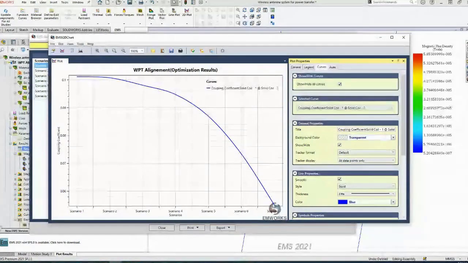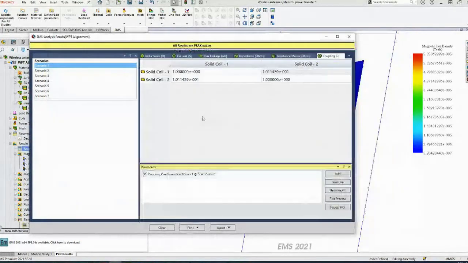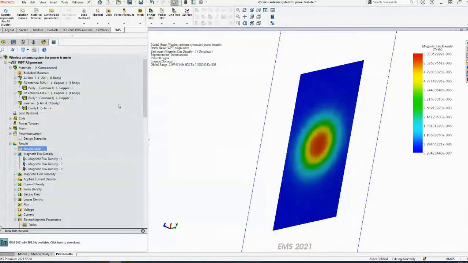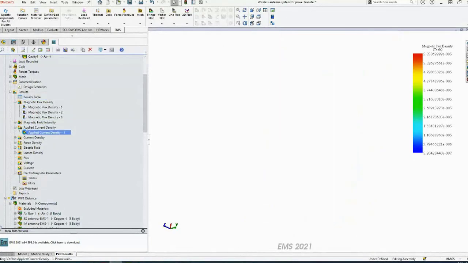The more misalignment between the axes of the coils, the lower the coupling coefficient, and so also the efficiency, because the efficiency directly depends on the coupling coefficient and the mutual inductance. So you can plot any of this data. This one is the applied current in the coils.